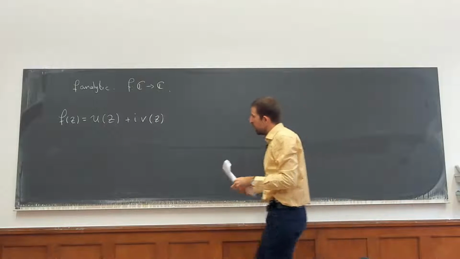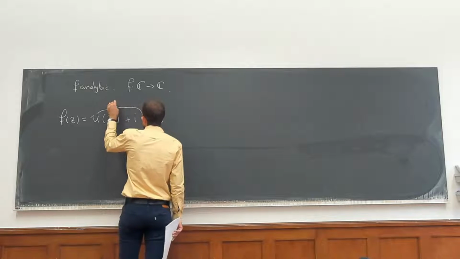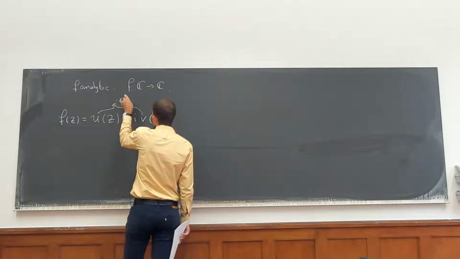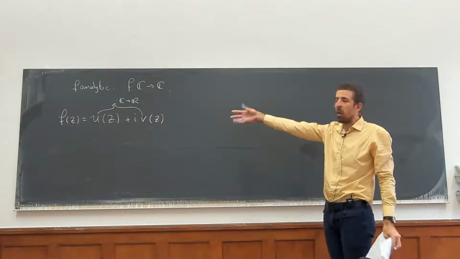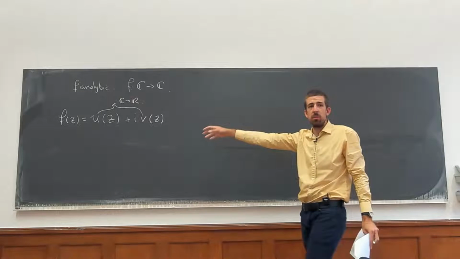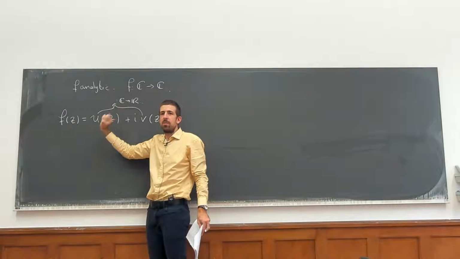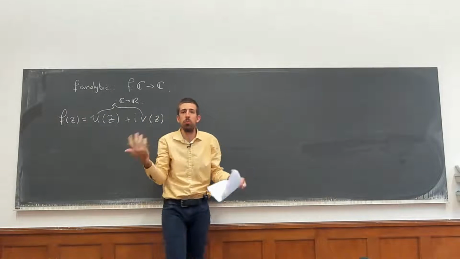These functions u and v now go from the complex numbers to the reals. I'm not going to ask that they are analytic themselves; for now we'll think of this as just multivariable calculus differentiability. f of z being analytic will force something.